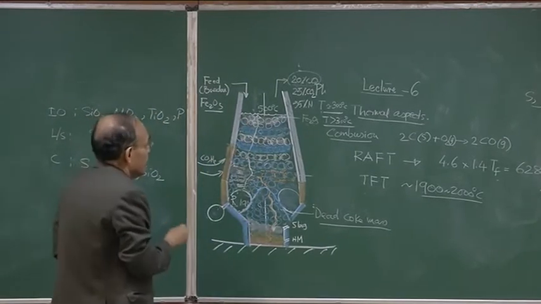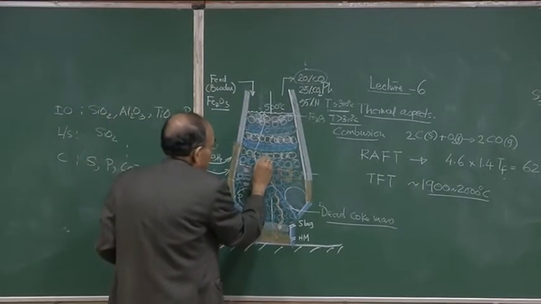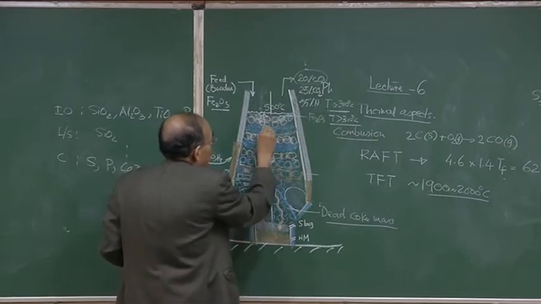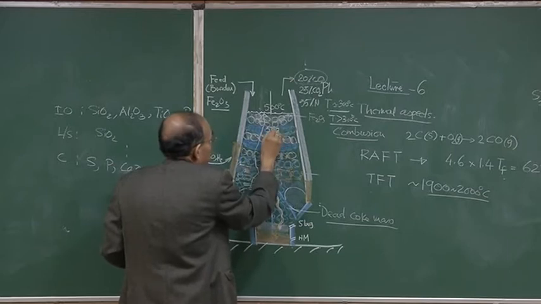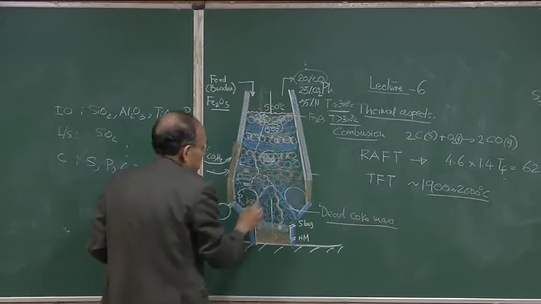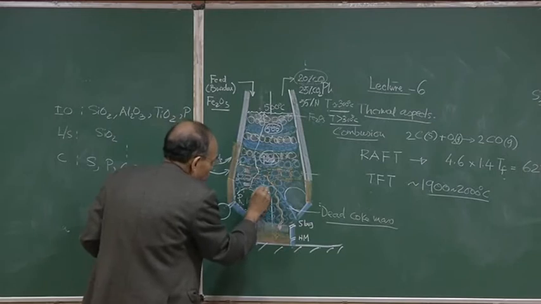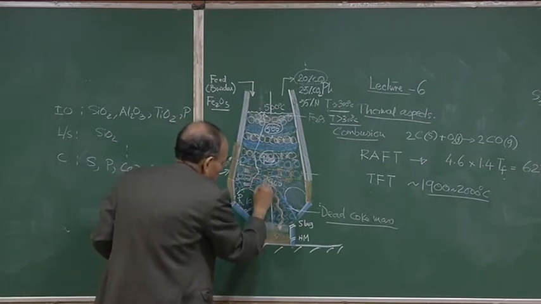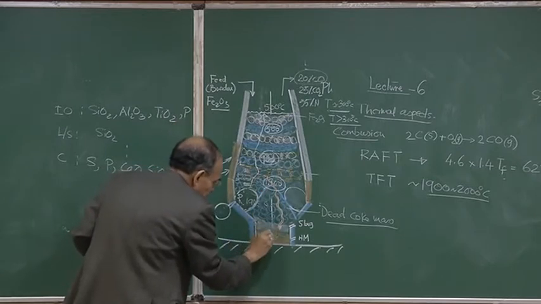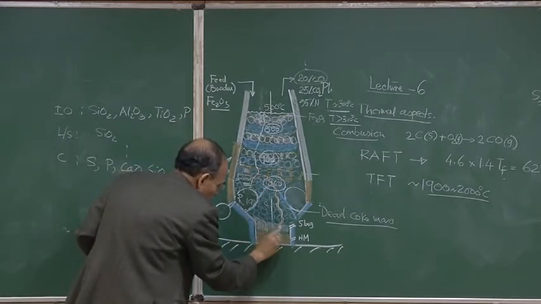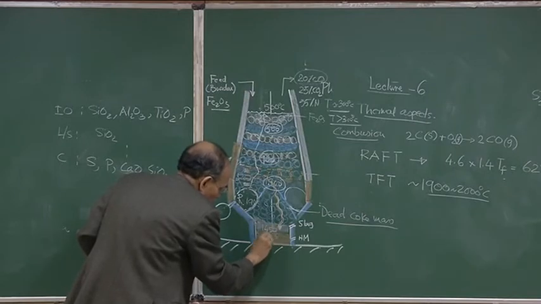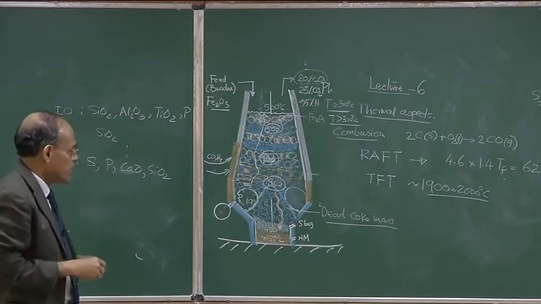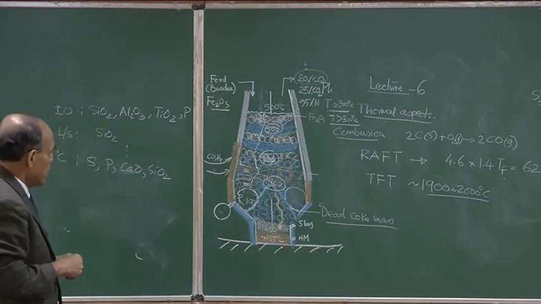As I have indicated, in the lower stack region I could have something like 900 or 1000 degree centigrade, in the upper stack region something like 500 degree centigrade, then much lower, about 1200 to 1300 degree centigrade, and finally here about 1450 to 1550 degree centigrade. That is how much variation of temperature there is in the system.